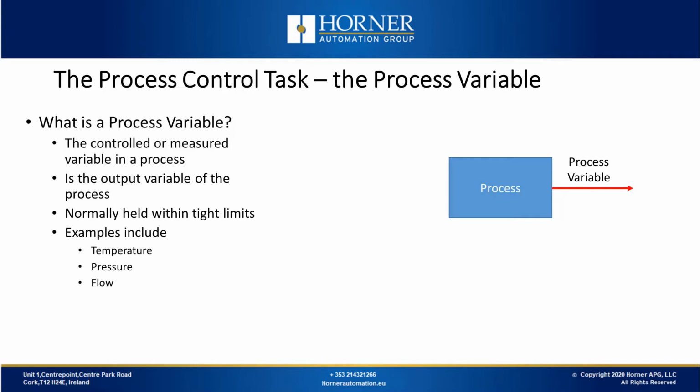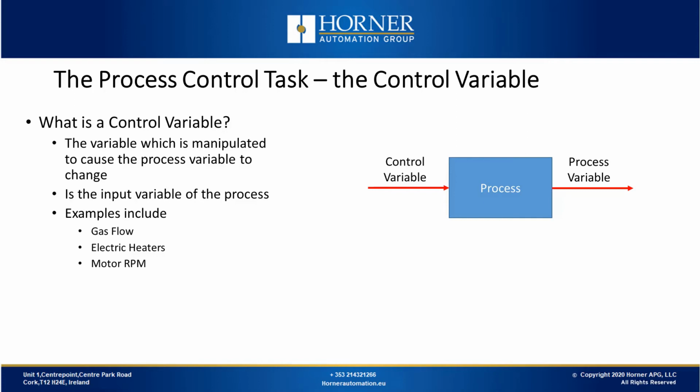As we build this block diagram, let's talk about the example of a pizza oven. Our process is the control of a pizza oven. Our process variable is going to be the temperature of the oven. We also need a control variable, which is the input variable that causes the process to change. Examples would be flow of gas, electric heaters, and the RPM of a motor. If we have an electric pizza oven, our control variable is the output from the electric heater.